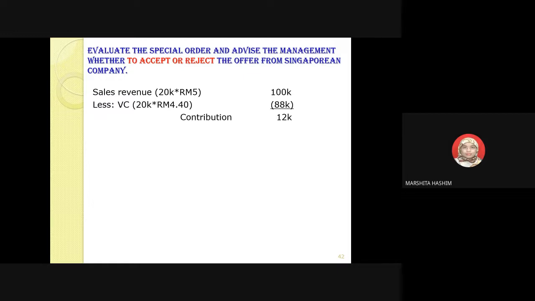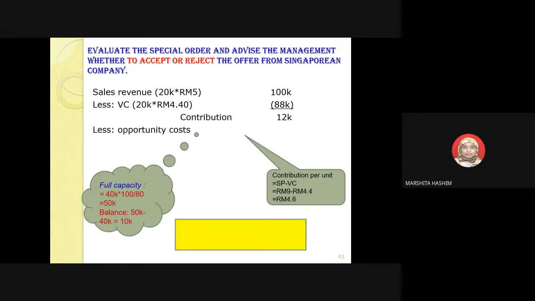There is no additional fixed cost, but you have opportunity cost. Shortage of 10,000 multiply by 4 ringgit 60 cents current contribution margin from normal sales, which is normal selling price minus variable cost. Total is 46,000. Finally, your net loss is 34,000. Contribution from special order minus opportunity cost.